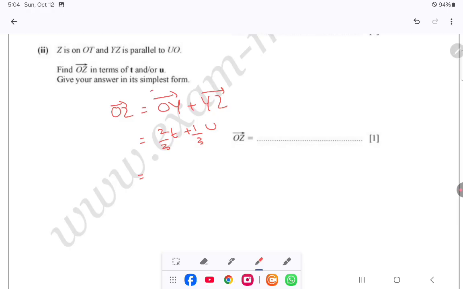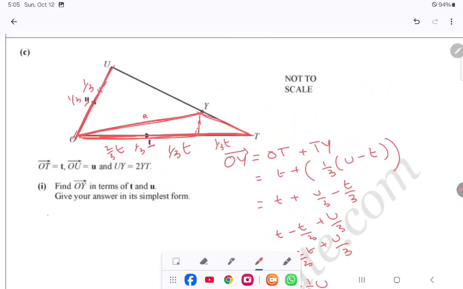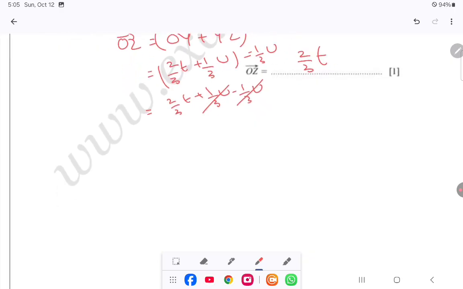This whole equation will be subtracted with negative of 1 over 3 U, which we do not have to include in the distance OZ. So 2 over 3 T plus 1 over 3 U, negative of 1 over 3 U. This positive and negative U will cancel out each other. We will be left with only 2 over 3 T, which is the distance of OZ, which we calculated.